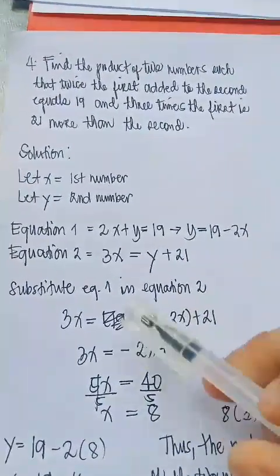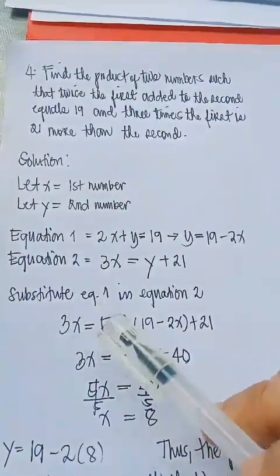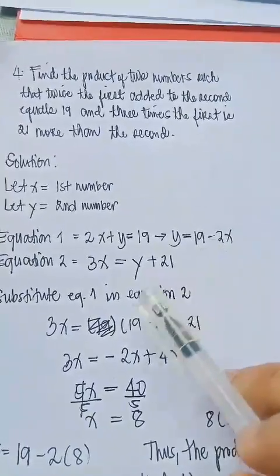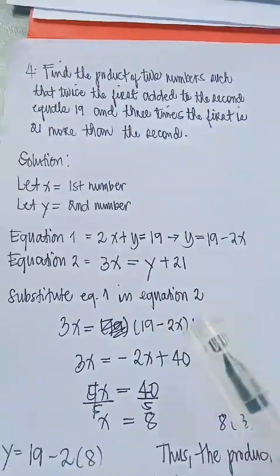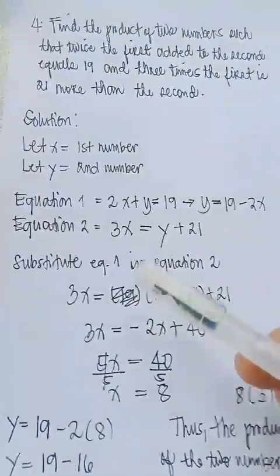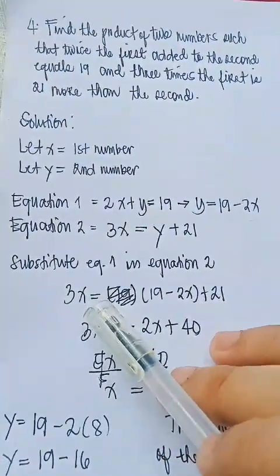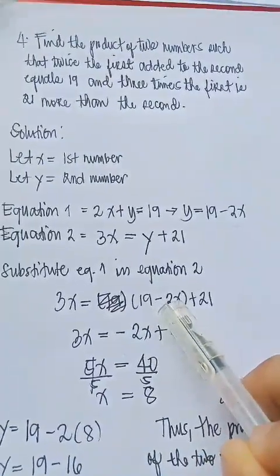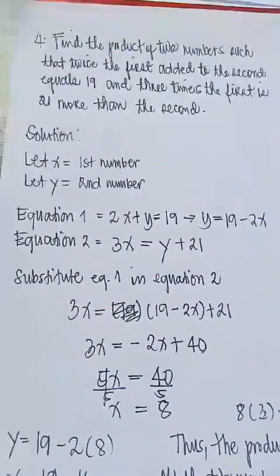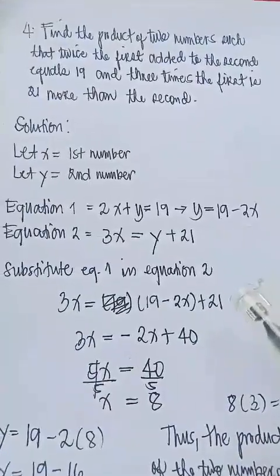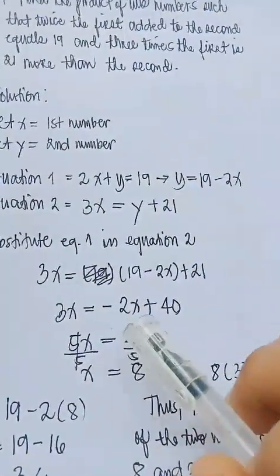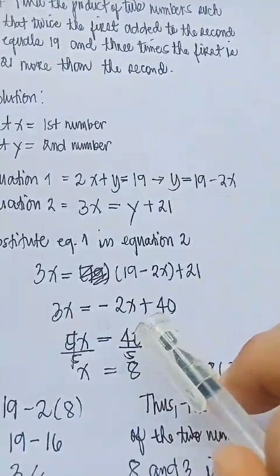Now, let's substitute equation 1 in equation 2. So this will become 3x equals 19 minus 2x, which is the equation 1, plus 21. Next, copy: 3x equals negative 2x plus 40.